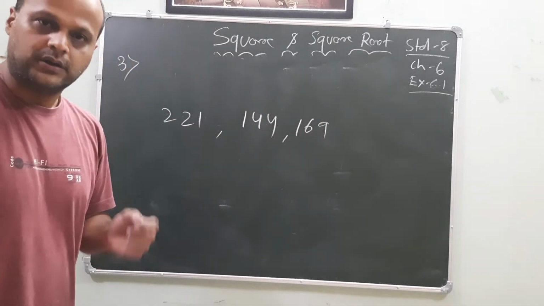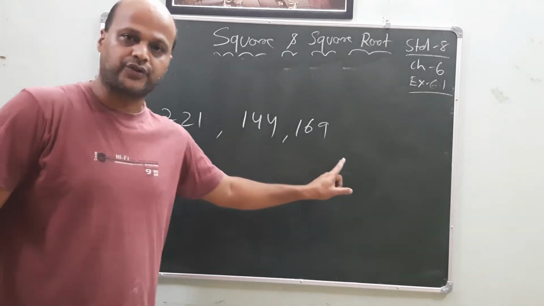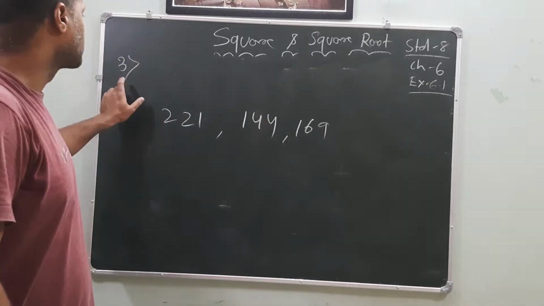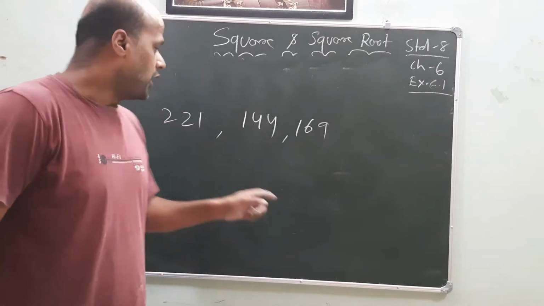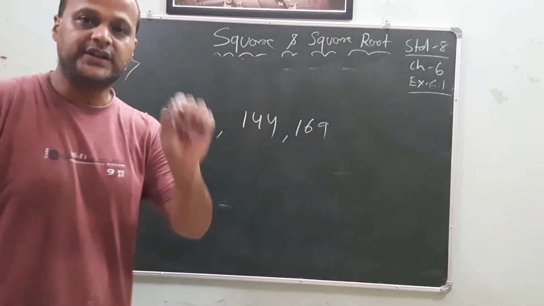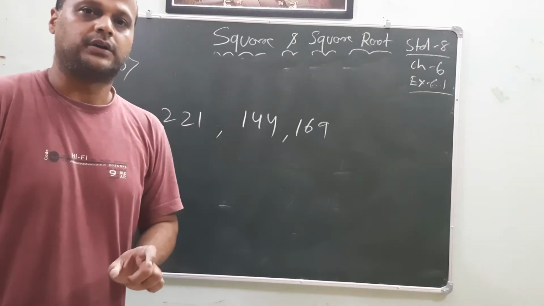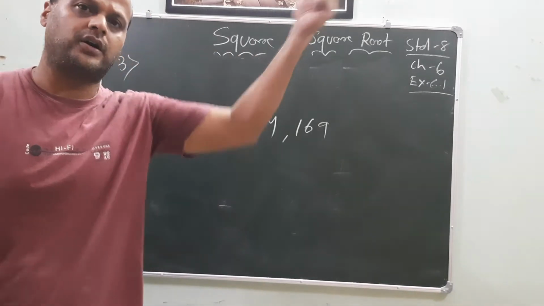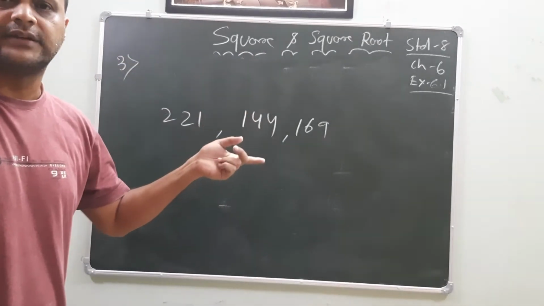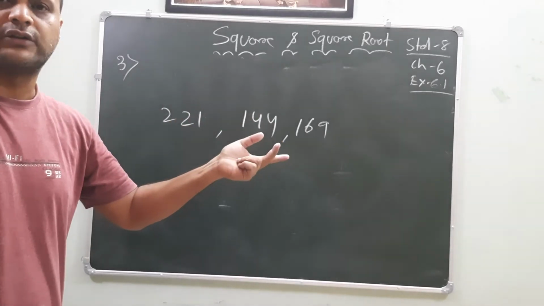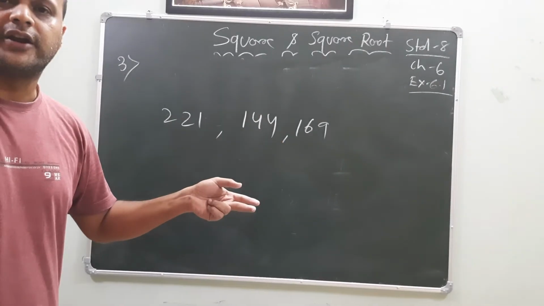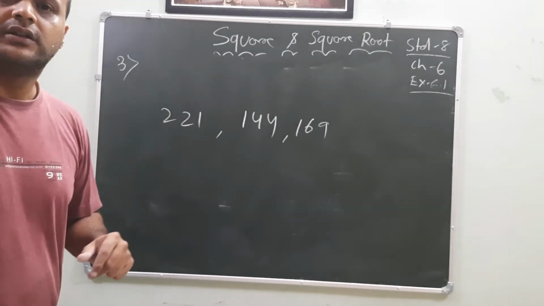Understood? These three are perfect squares. But your third question is asking which of these is the square of an odd number. The simple rule is that whatever exercise is given, if you follow the rule, then automatically you will find the square of the numbers.